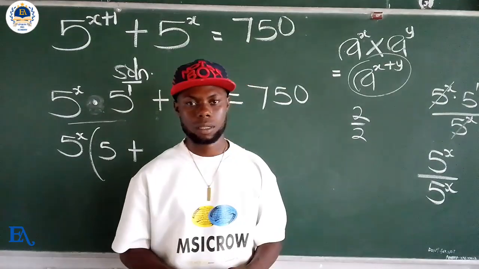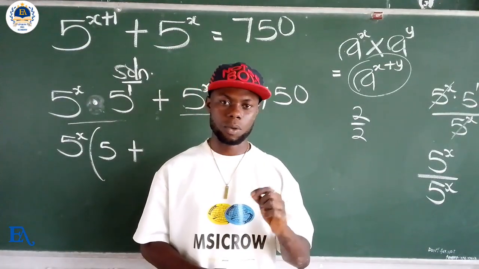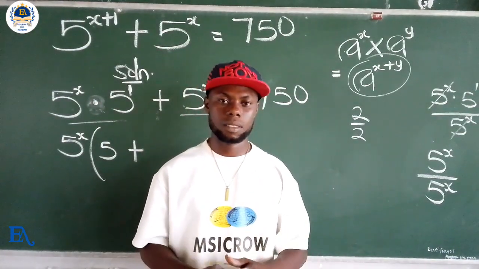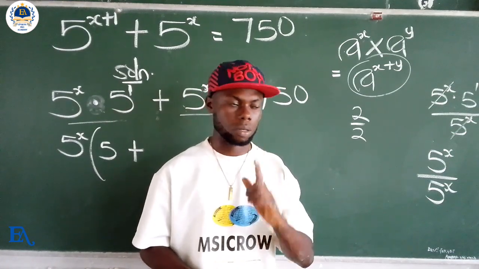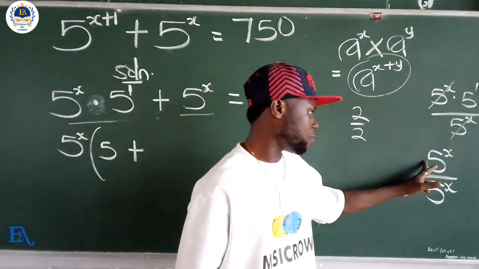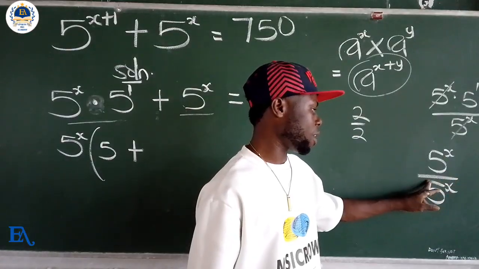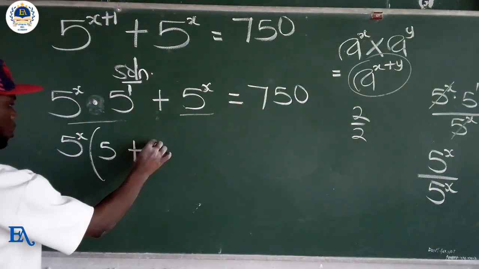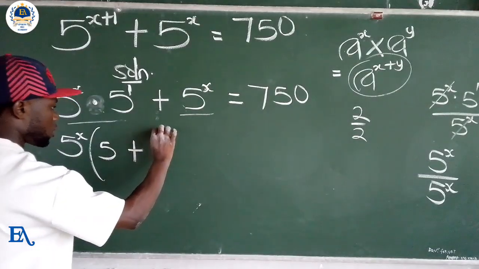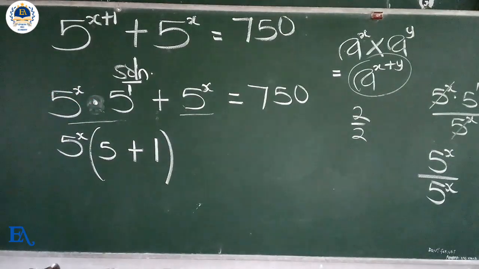Now we note that whenever we are dividing the same number, provided that the denominator is not 0, the answer will always be 1. So that means 5 raised to the power of x divided by 5 raised to the power of x is equal to 1. I will put 1 here. We are done with the factorization in the left hand side.